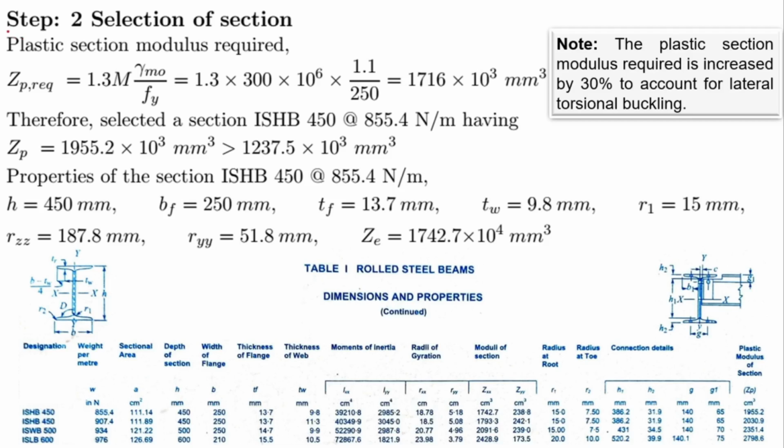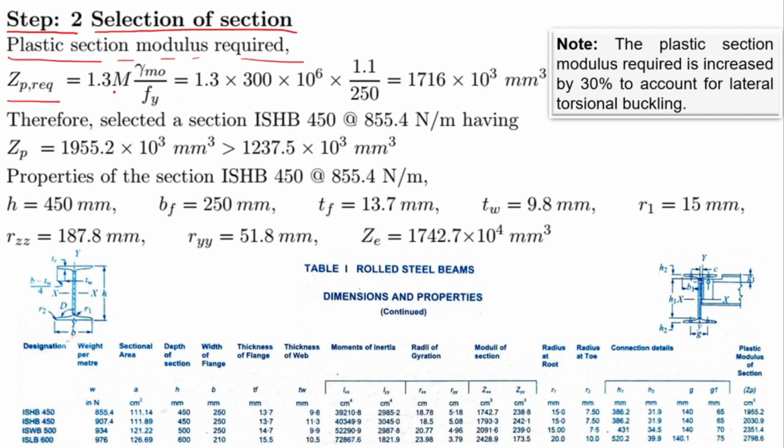In step 2, we shall select a section which can carry the given factored moment and shear force. First of all, we shall calculate the plastic section modulus required, which is denoted by Zp required. This is equal to 1.3 M gamma m0 by Fy.